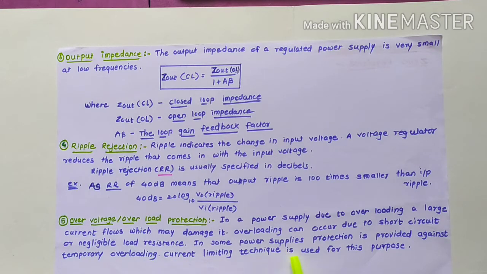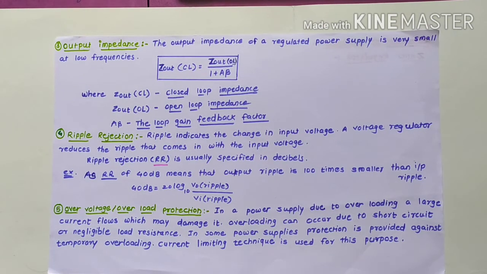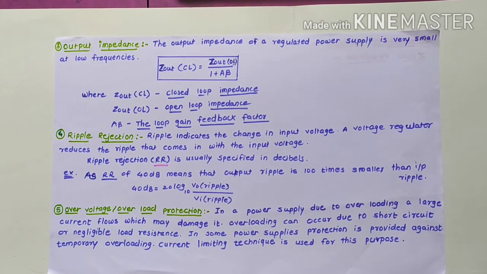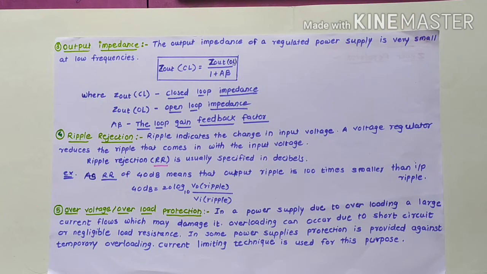Current limiting technique is used for this purpose, and nowadays an inbuilt overload protection circuit is available in all electrical equipment in the latest versions of different types of electrical equipment. This inbuilt voltage stabilizer protects the electrical equipment from damage due to overload.